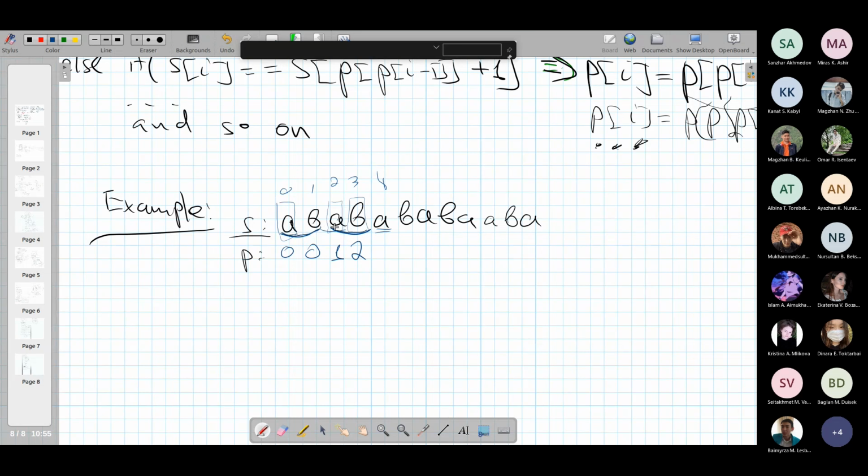Let us try to continue that. So A equals A, then this is 3. We now know that ABA equals ABA here. So you see they overlap in this case. Same for B. We'll find that B equals B, then we have ABAB equals ABAB. So this is 5.